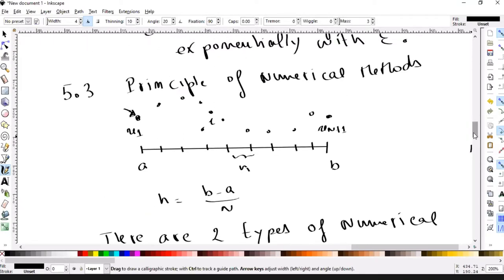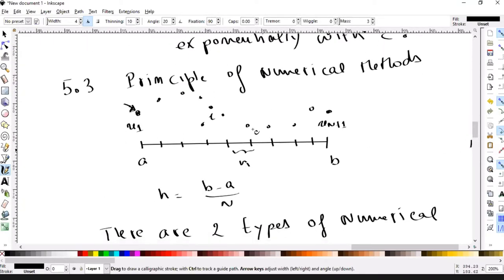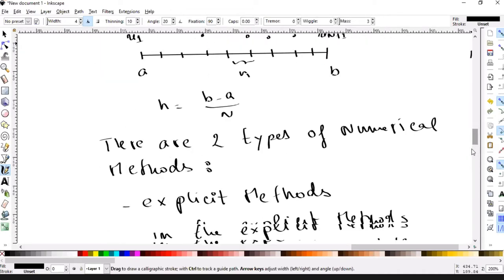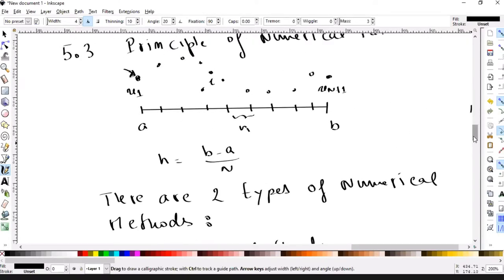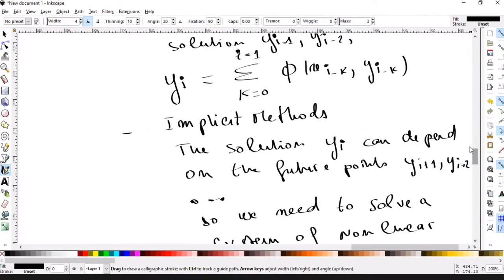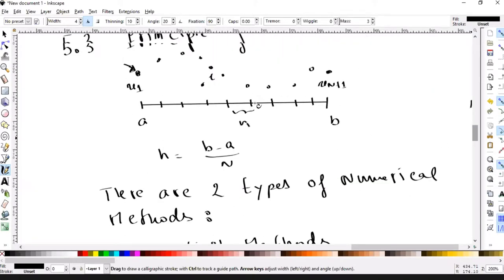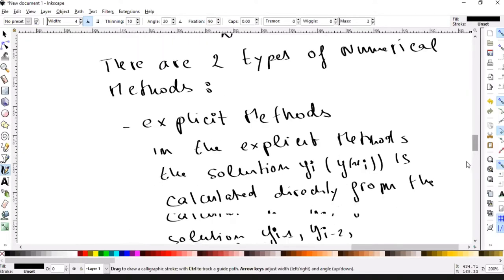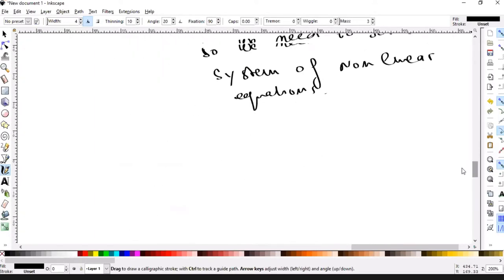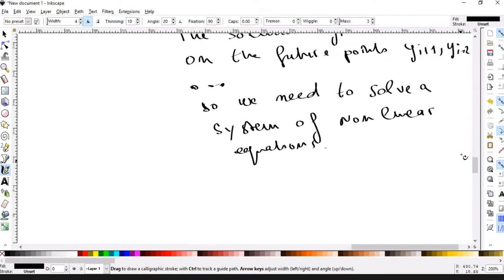And you will see that they are more stable with respect to the spacing. They can be more accurate than the explicit method for a given step h, a given spacing h.